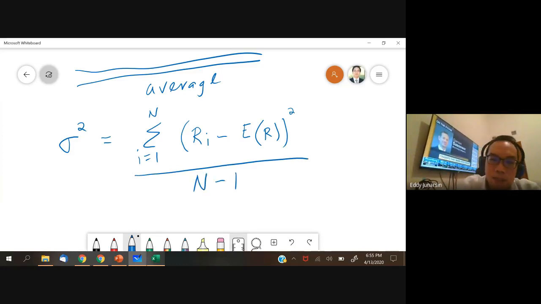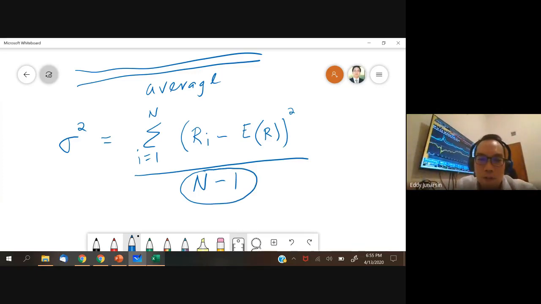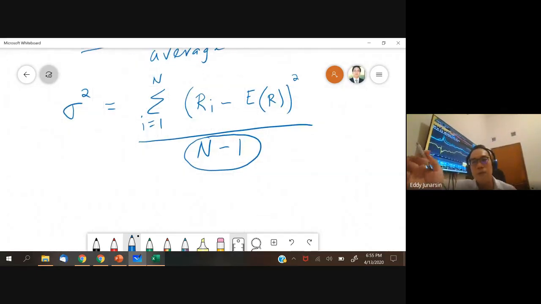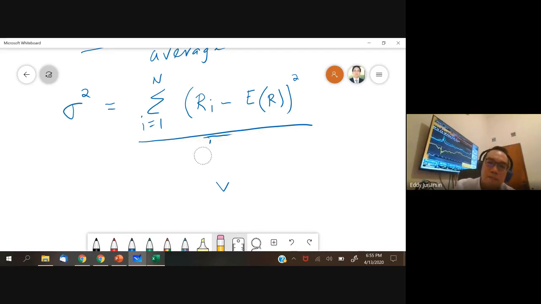I know this should involve a long discussion in econometrics, so it's not the scope of our discussion today. If you divide it by n, it's still unbiased, but maybe not best, right?